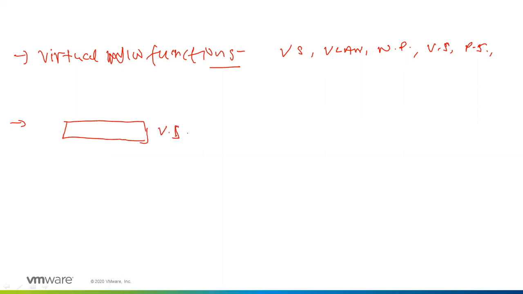Normally two types of virtual switch are available, which we will talk about one by one: standard virtual switch and distributed virtual switch. All right. The key difference is that a standard virtual switch we have to create individually on each and every host and do the settings.